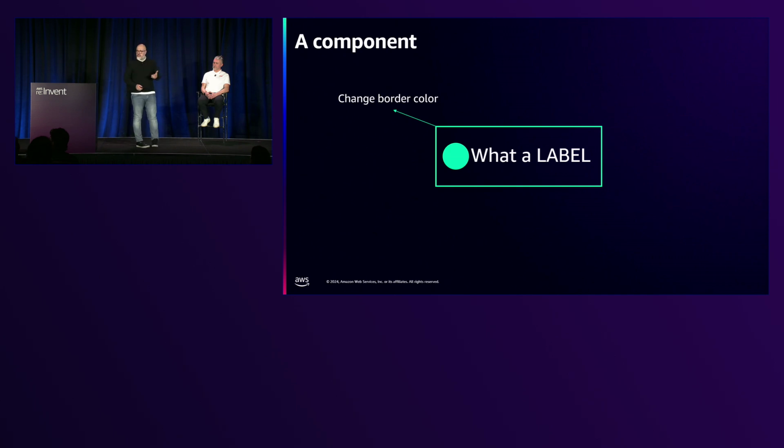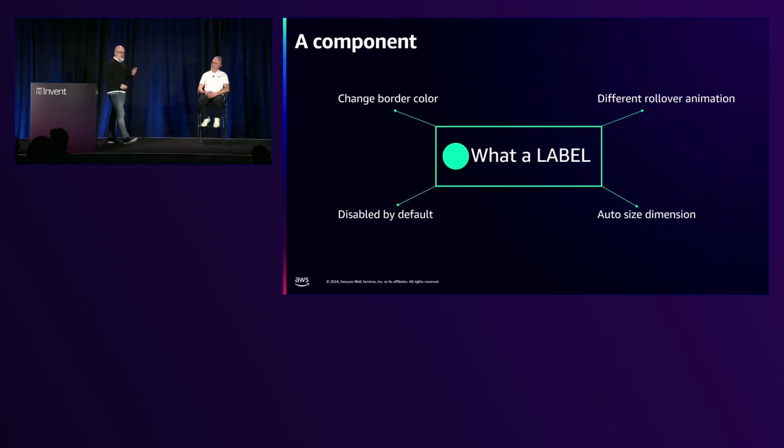Then if your button became very successful inside the organization, you can change the border color, you can have different rollover animations, you can have the auto size dimension, and so on. So you start to abstract a lot of capabilities of the button and make it reusable across multiple parts of the system. And that's the reason why we created the component. We want to reduce the duplication, and we want to optimize for reusability. But there is a problem in distributed system.